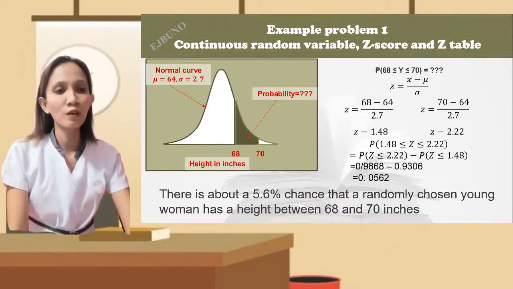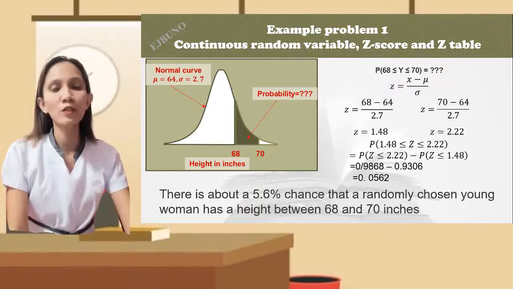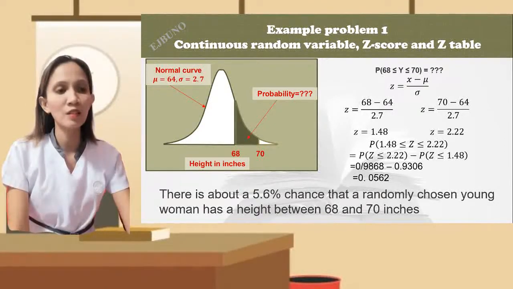So the value of our probability is 0.0562, which in percent means there is about a 5.6% chance that a randomly chosen young woman has a height between 68 and 70 inches.